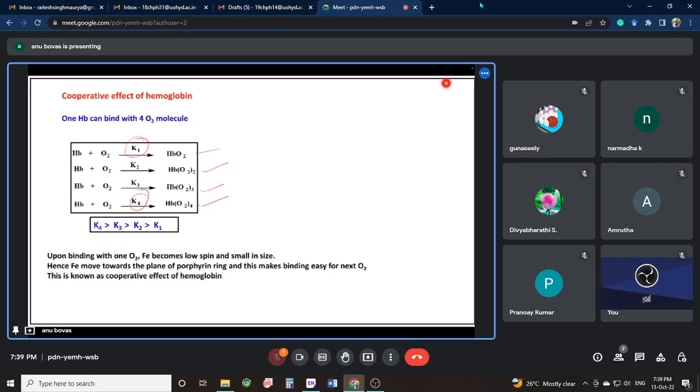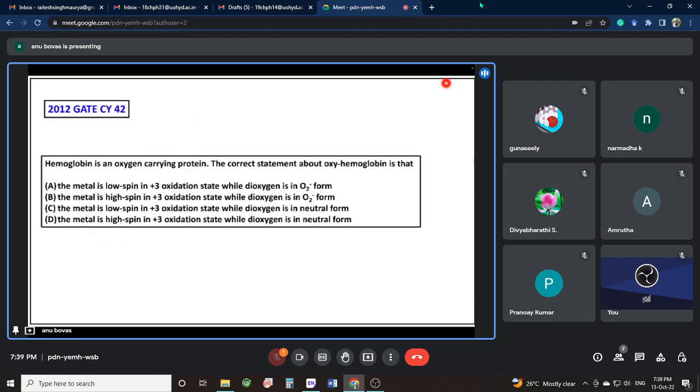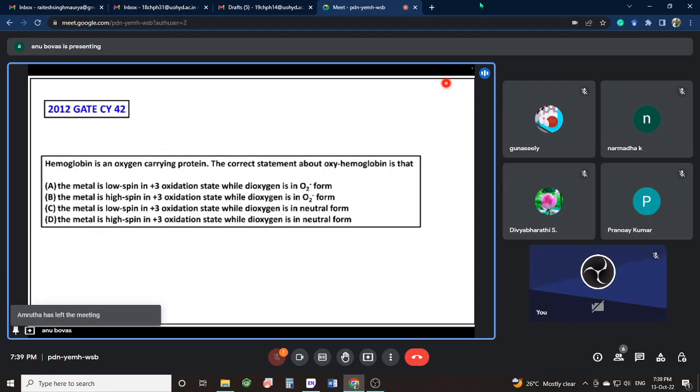So we will solve some questions and see whether we are getting correct answers. This question was asked in GATE Chemistry 2012, question 42. They have given that hemoglobin is an oxygen carrying protein, and the correct statement about oxyhemoglobin is asked. In the oxyhemoglobin state, is it low spin or high spin?